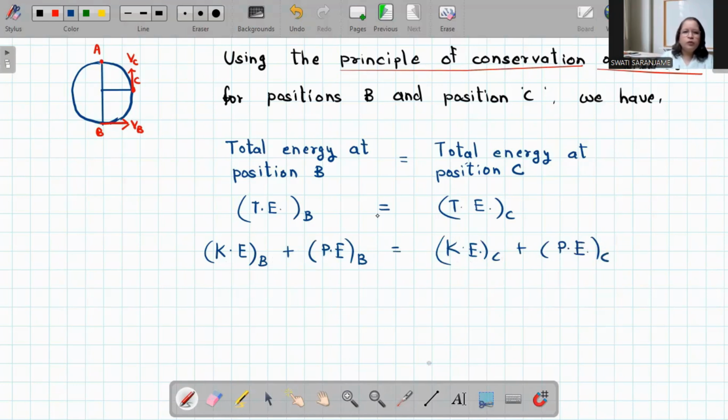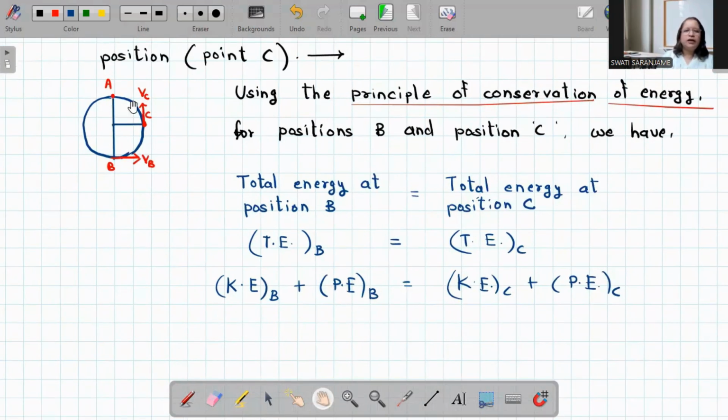Now, if we observe the figure, as we are considering the point B as a reference line, then the vertical distance between position B and position C is equal to the radius R of the vertical circle.